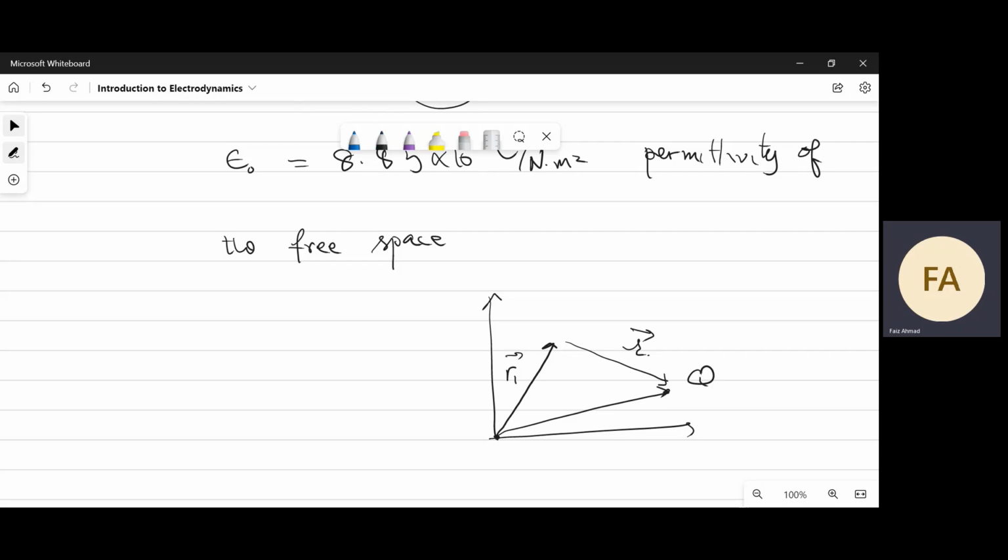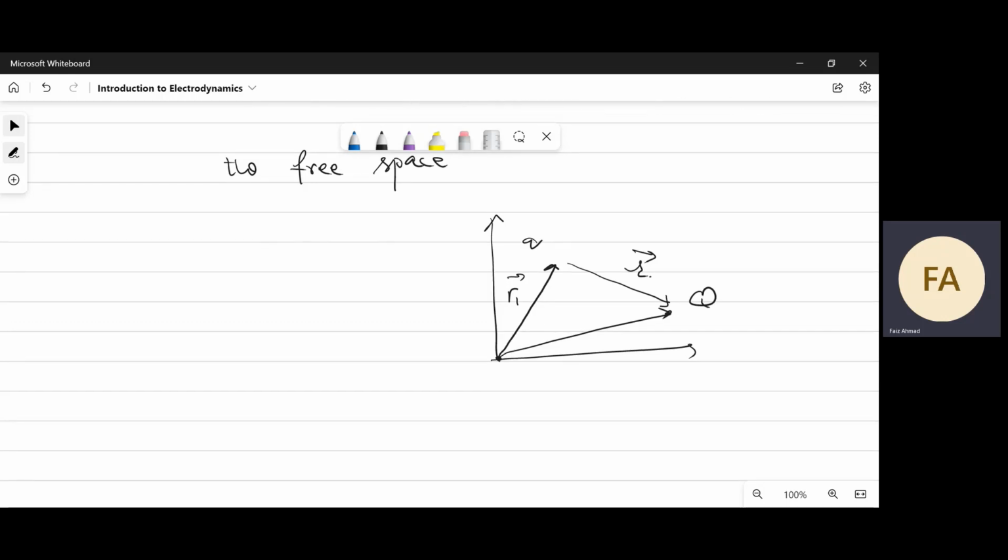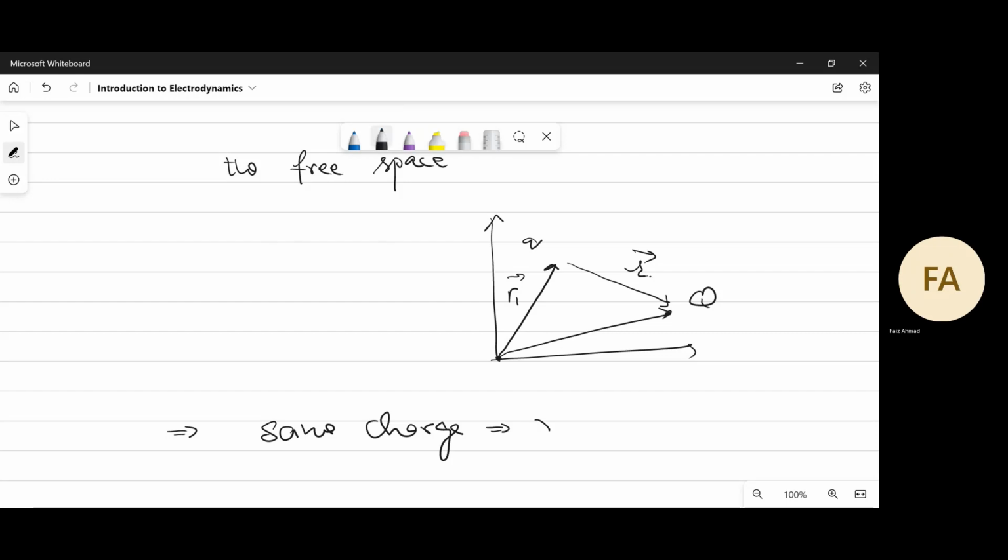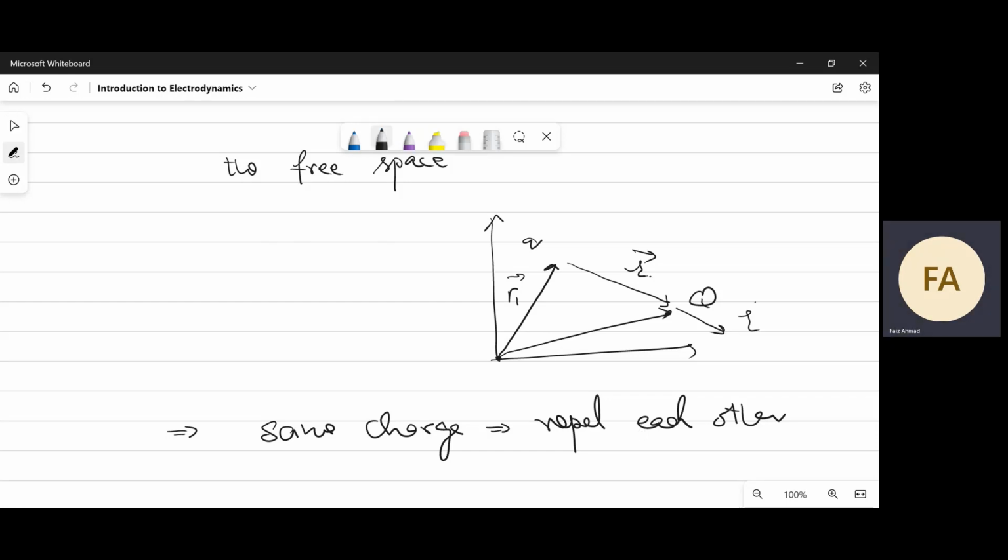If we have same charges, as we know from elementary physics, same charges repel each other. So this charge will exert force in the opposite direction, and force will be in this direction.